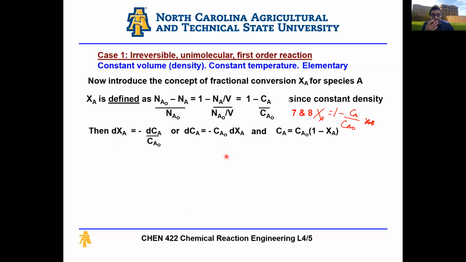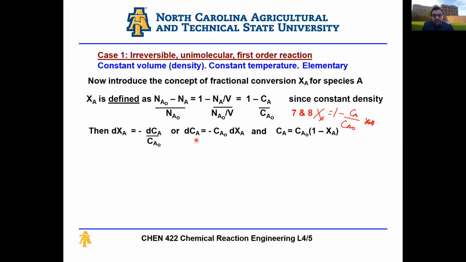So if I take the differential form of this, I have XA equal to 1 minus CA over CA naught. If I take dXA, d of 1 is a constant, so this goes to 0. I get minus dCA by CA naught, and CA naught is a constant because it's the initial number of moles.